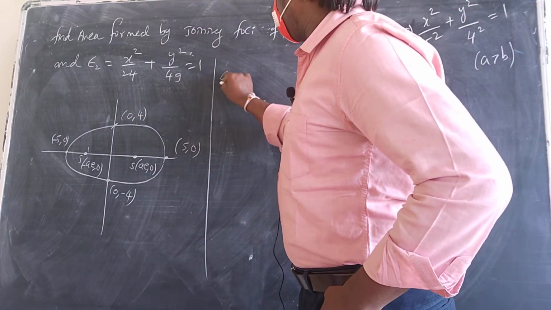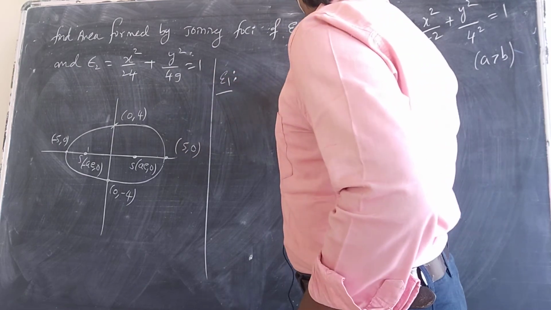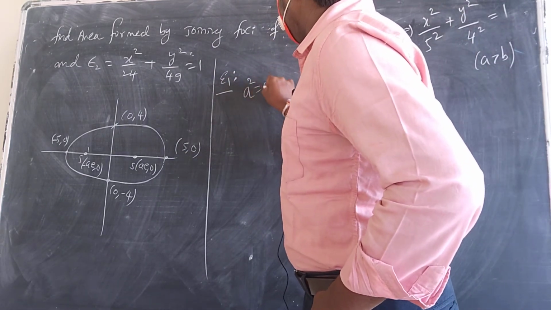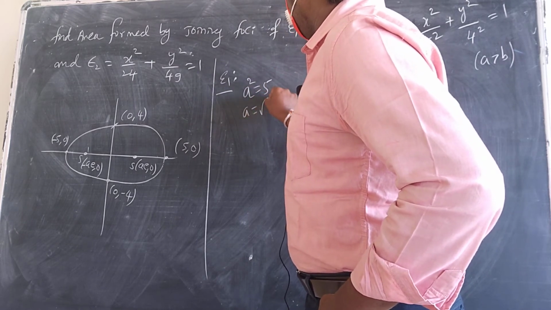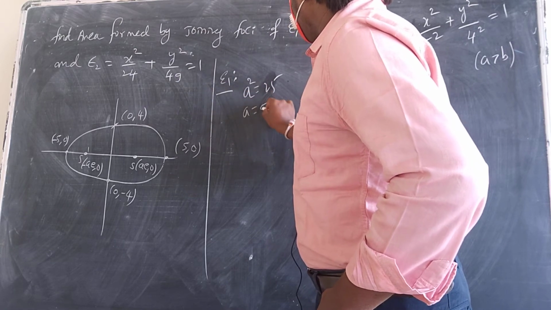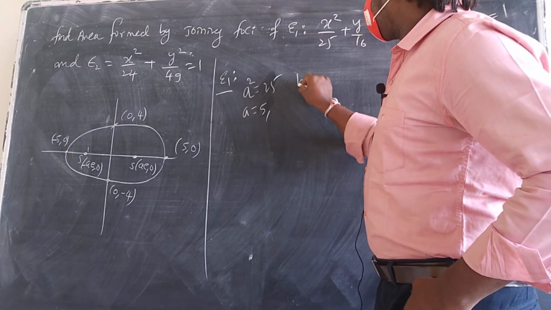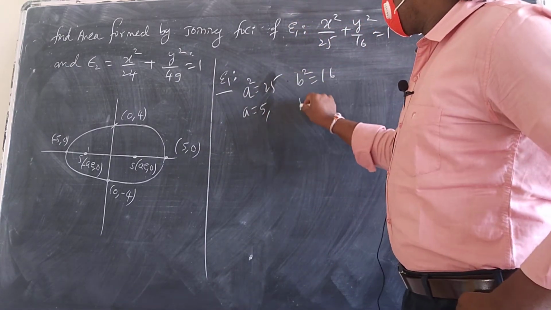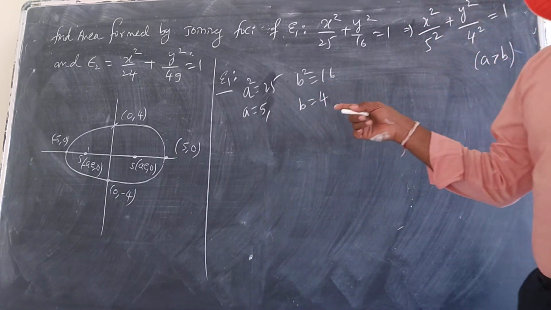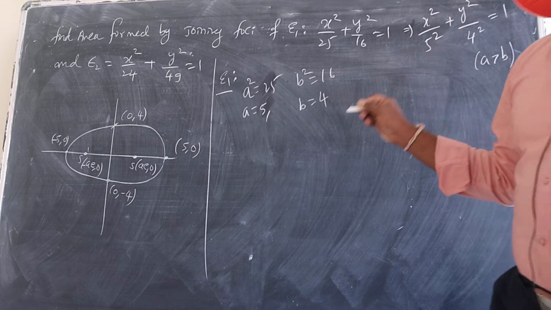So in ellipse 1, a square is equal to 25, a is equal to 5. b square is equal to 16, so b is equal to 4. Right? You got the a value, you have the b value. So what is the eccentricity formula?